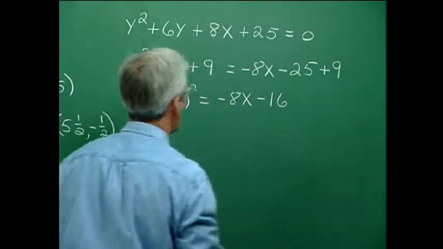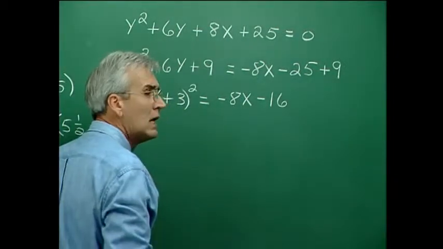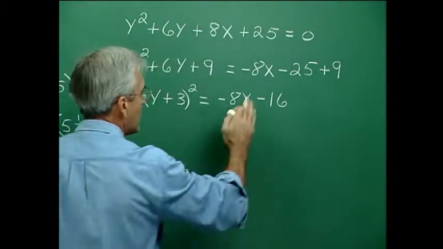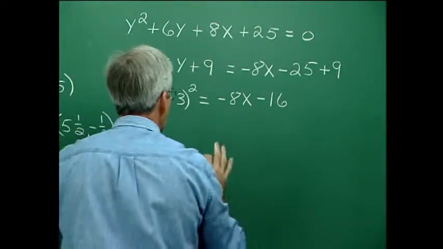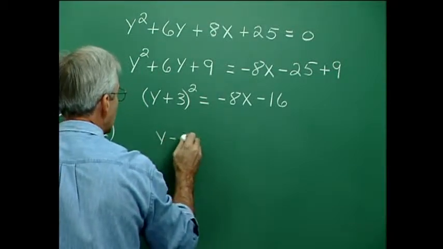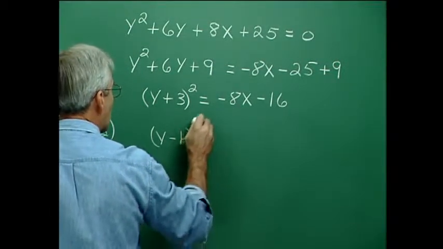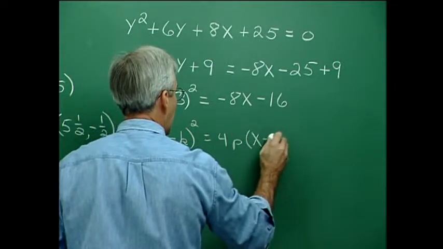All right, now what? Well, gee, we have a couple of things to do over here. And one thing we ought to realize, in beginning the manipulation on the right side, is that the form that we're trying to take is this: y minus k squared equals 4p times x minus h.